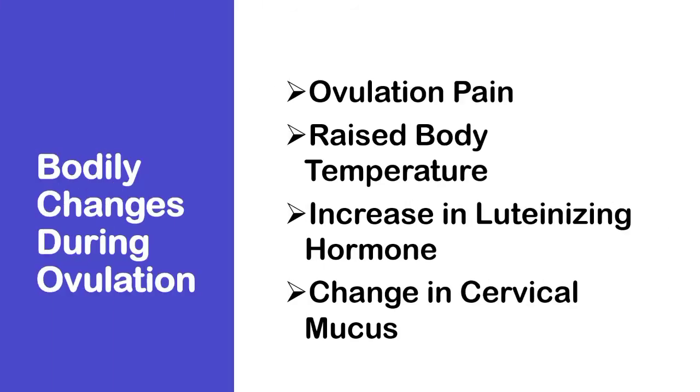One of the best methods that could be used to track ovulation, especially in a woman with irregular period, is if you monitor the level of luteinizing hormone, because this particular hormone rises sharply just before ovulation, unlike the rise in body temperature that occurs after ovulation or during ovulation.